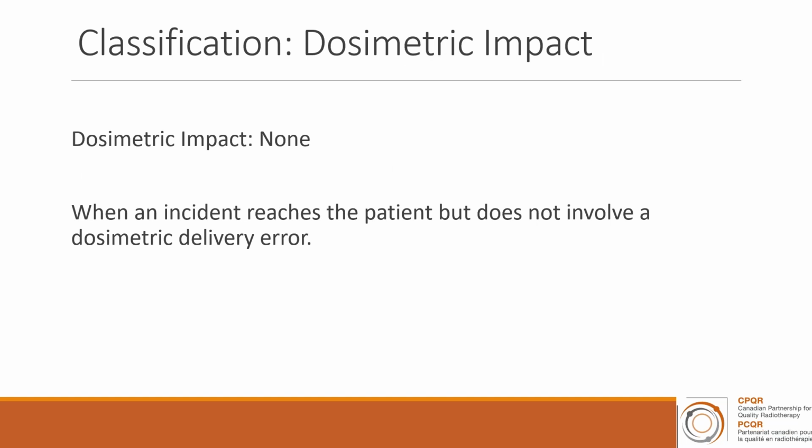The dosimetric impact. I said that the dosimetric impact was none. And really, this is when an incident reaches the patient but does not involve a dosimetric delivery error. This is why we have a threefold for determining harm: medical harm, dosimetric impact, and latent harm.